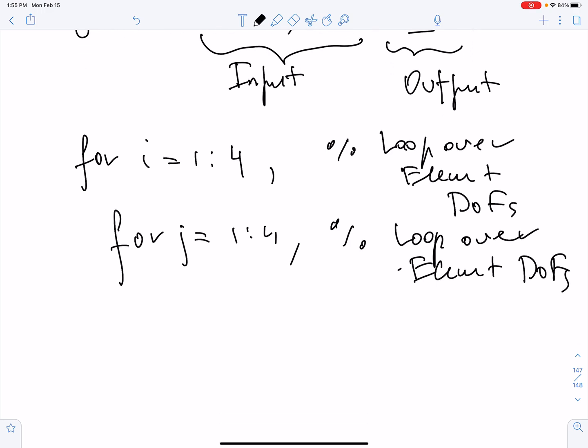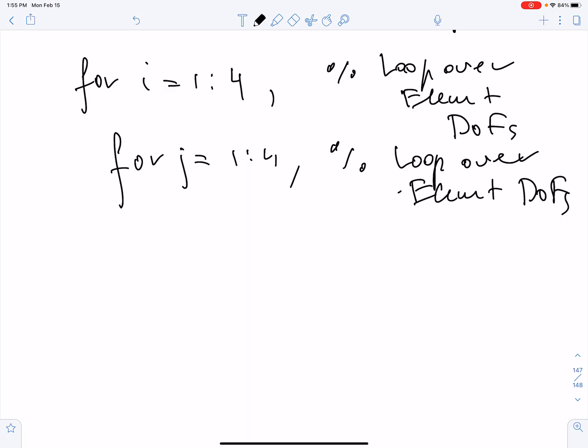So now once you're inside that loop, you need to populate KFF. You do it entry by entry, and here's where the ID array is used. You use ID of element E and local DOF I. This should give you a global row number of the matrix.